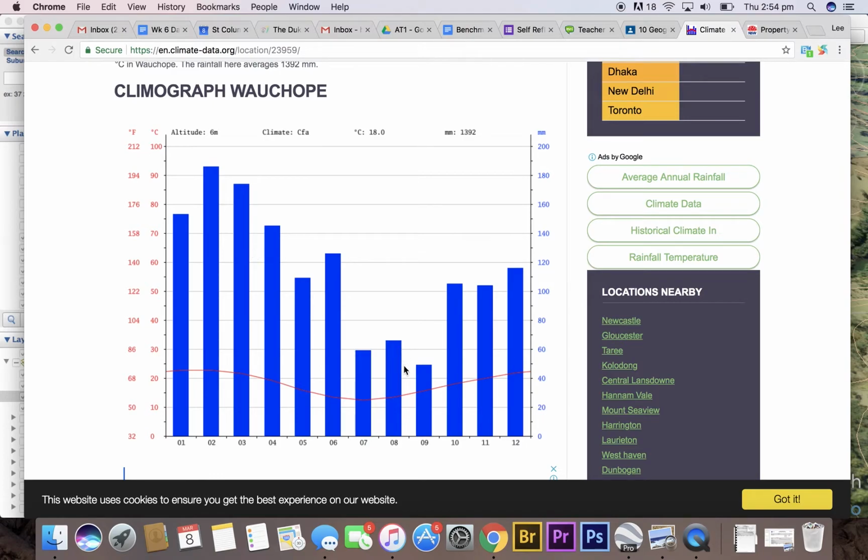Well, although the temperatures are lower, there's less rainfall around July, August, September. Then, as the temperatures rise once more, you'll get a lot of growth of grass and of shrubs in this time period. So maybe these are the months that bushfire risk is greatest.